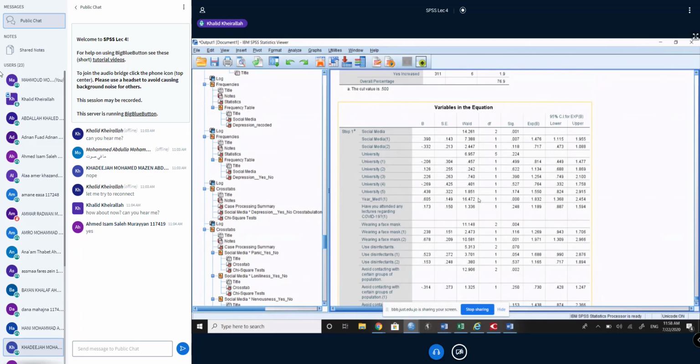I'm not expecting you to be able to perform logistic regression analysis. It's just something that you should know exists. You can easily do it, but it's difficult to interpret the data.